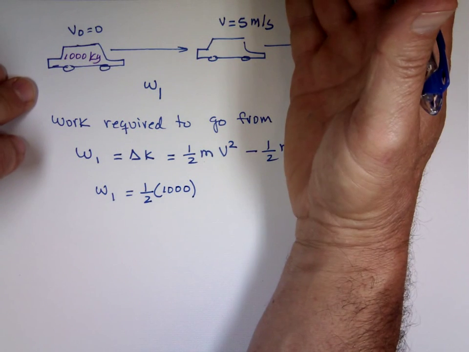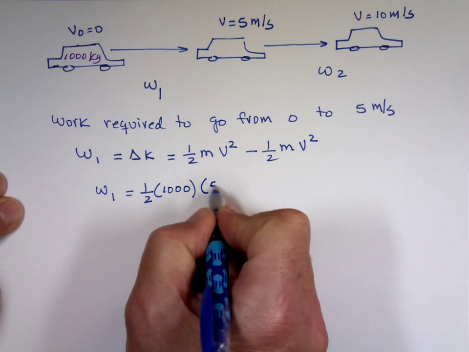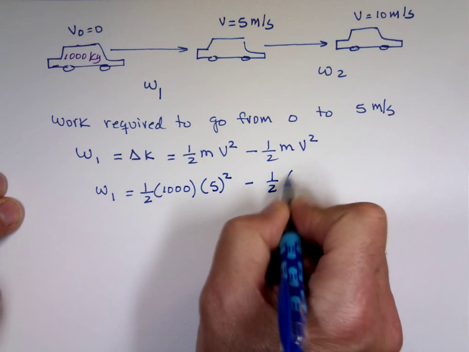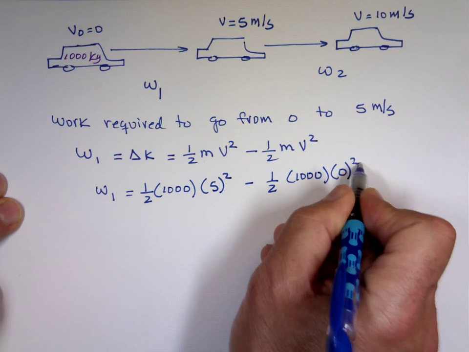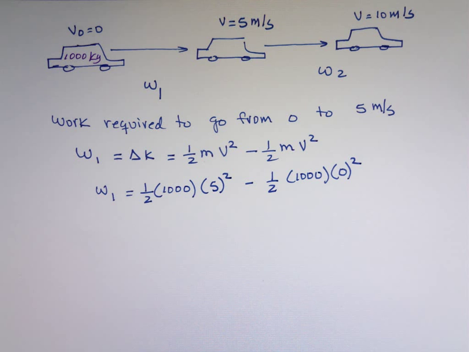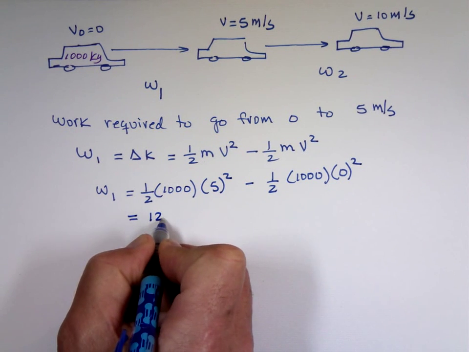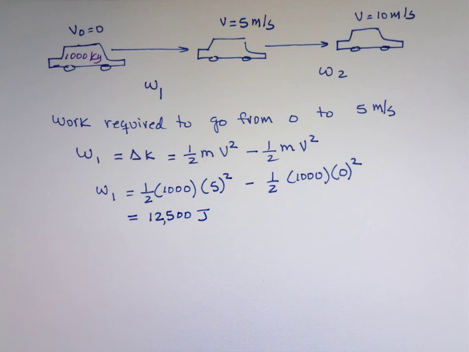Final velocity of the car from 0 to 5. So the final velocity is 5, and you're going to square that. Minus 1/2 the mass, which is 1,000, times the initial velocity, which is 0. Is it 12,500 joules, I think? 12,500 joules.